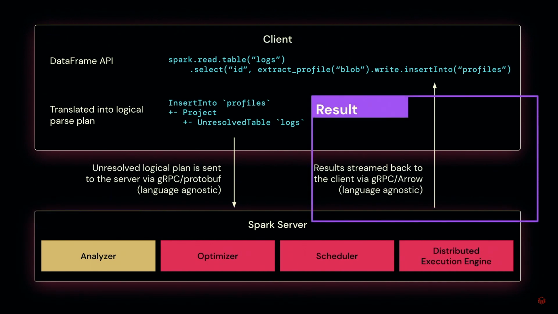The result is streamed back via gRPC using Arrow, and you can use the result on the client side. So the whole protocol is completely language agnostic, and you can implement such clients for any language. I mean, with GA PySpark, Scala is on the way, and the community has already picked up a Go client.